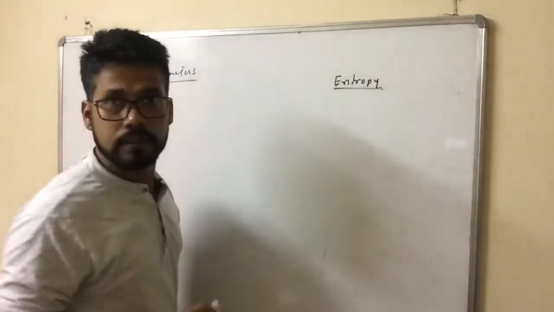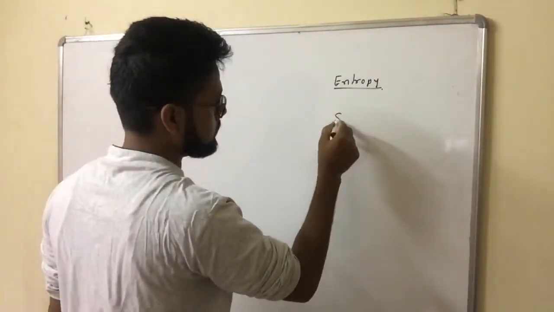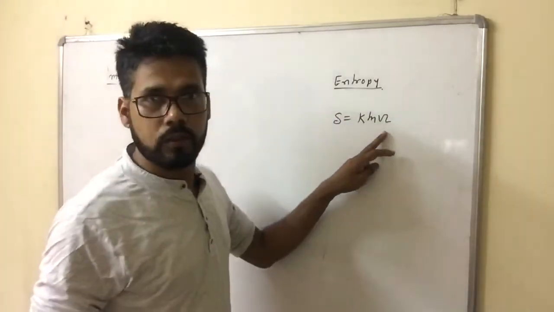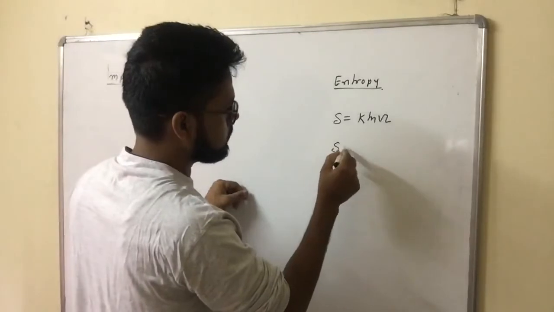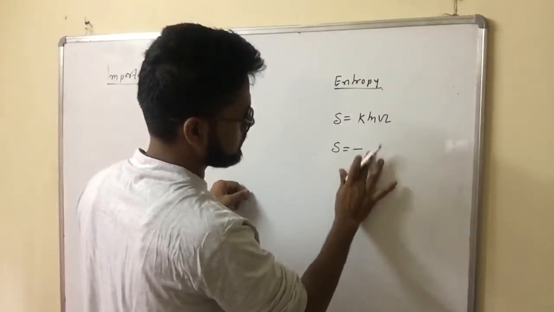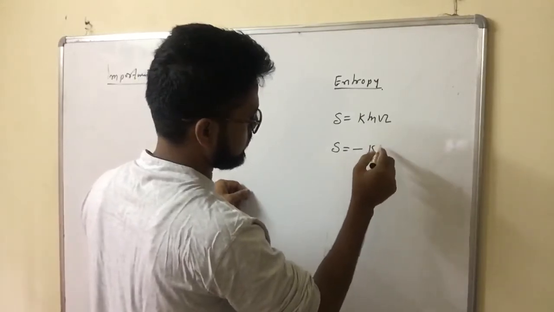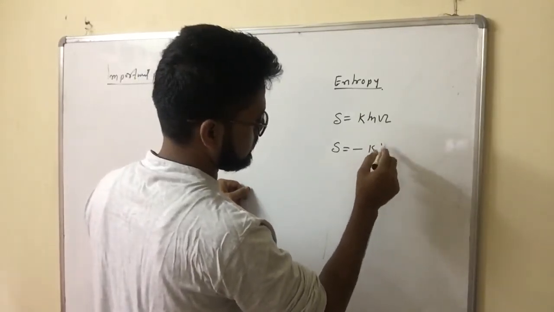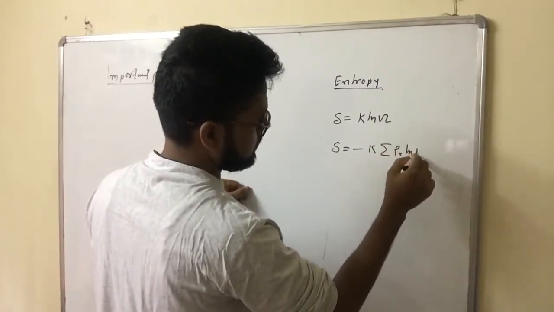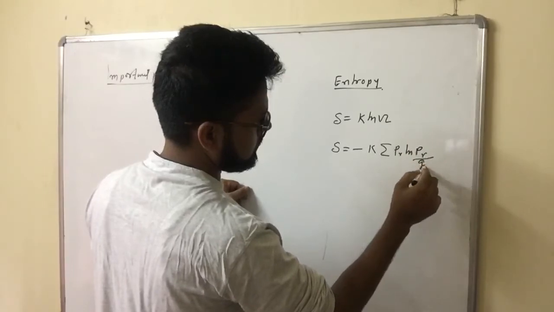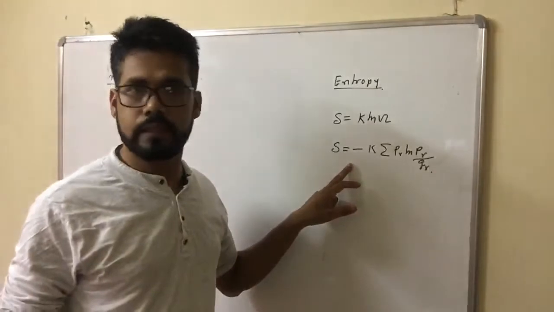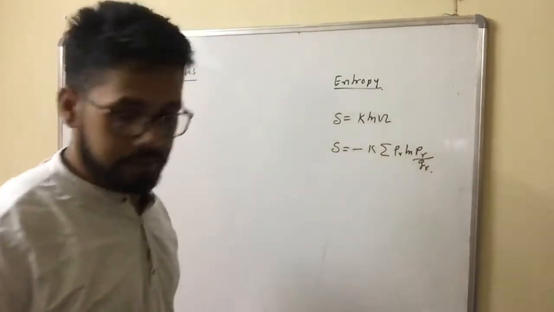One entropy formula we already know: S = k ln Omega, where Omega is the number of microstates. Then another formula we get: minus k sum of P_r ln P_r. And for a non-degenerate system, g_r equals 1. These are two formulas.